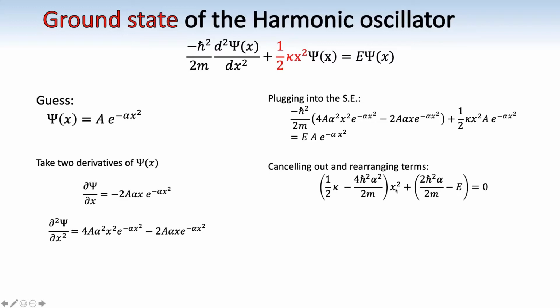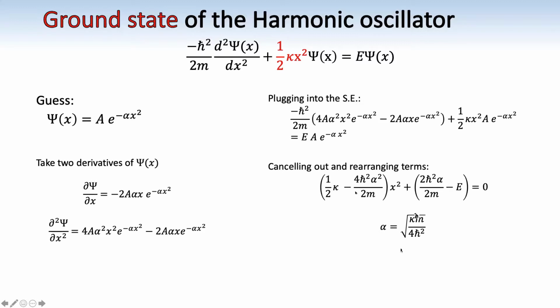Now this equation has to be satisfied for arbitrary x, which means that this coefficient must be equal to 0 and this constant also must be equal to 0. When you set this equal to 0, you get alpha equal to square root of kappa m over 4 h bar squared.